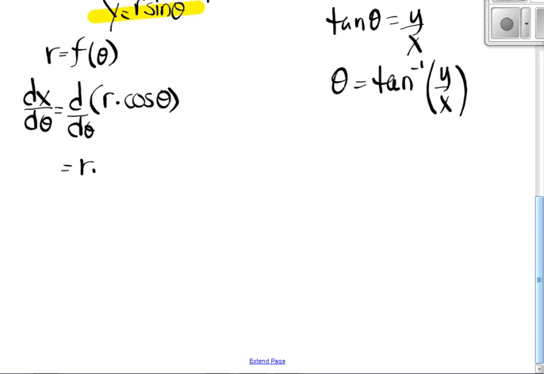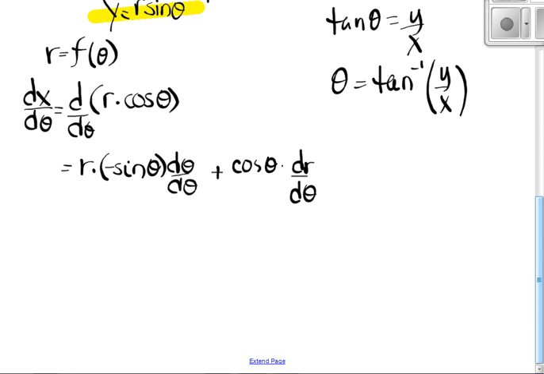You can memorize this, or I just work it out every time. Negative sine of theta times the derivative of the inside part, which is d theta. Just so you know what's happening, we always have the chain rule. Plus, and then we have cosine of theta times the derivative of r, dr d theta. So it's not something simple when they ask for dx d theta, but it's easy if you know this.